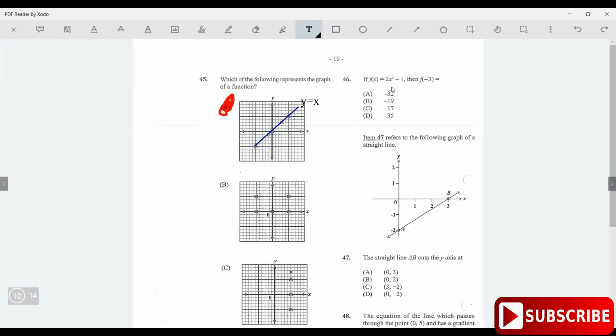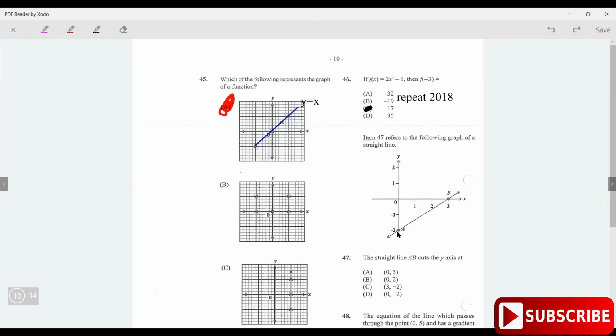f of x is 2x squared minus 1. And what is f of minus 3? This is 17. This is a big repeat question from 2018. Nice. Going along here, this is also another repeat.